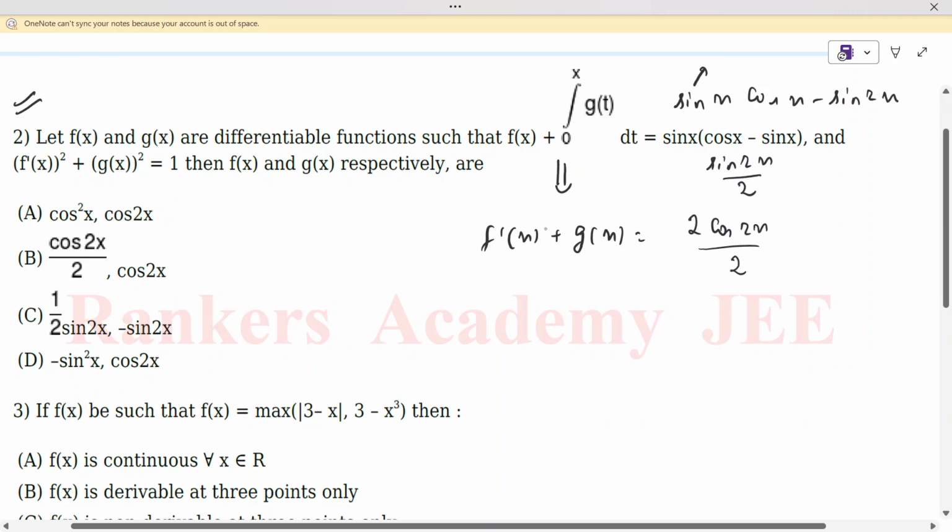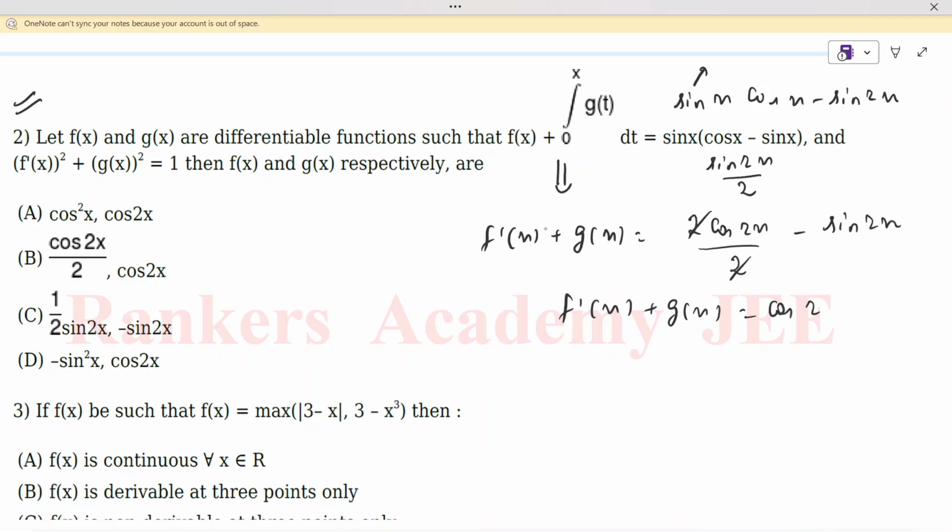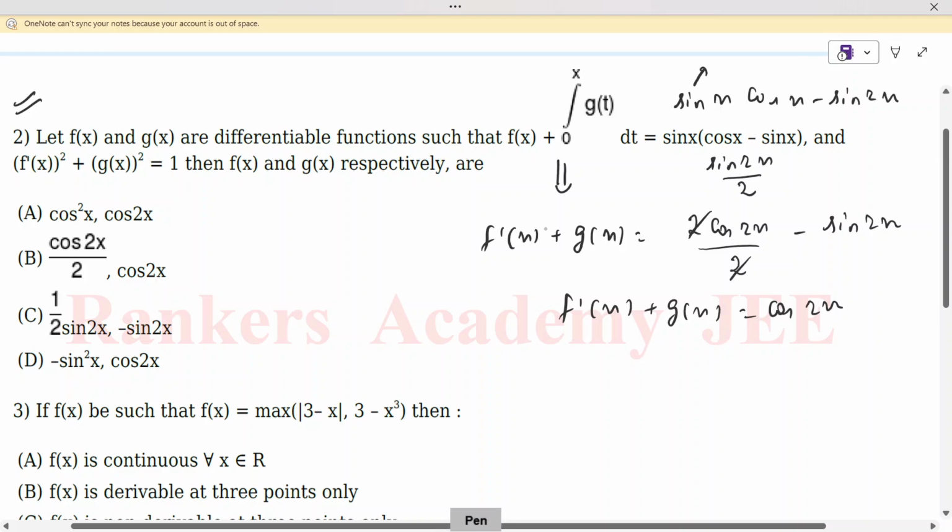And similarly, the derivative will be minus sin 2x. So I'm getting f dash x plus g of x is cos 2x minus sin 2x.